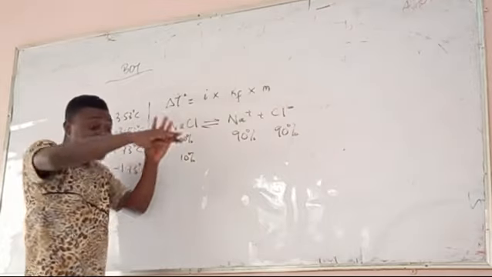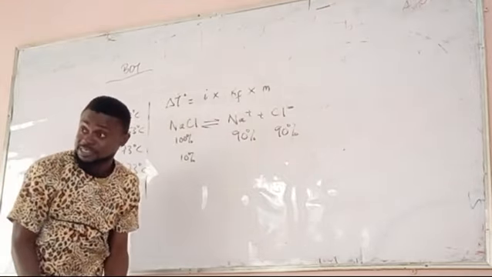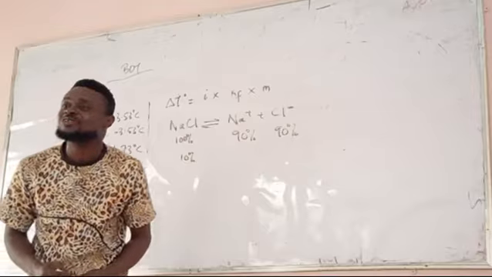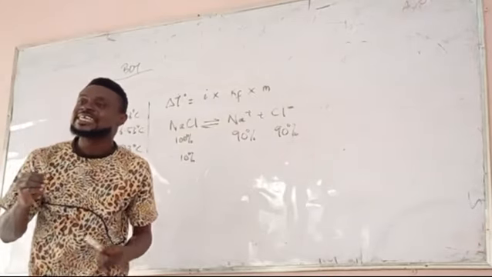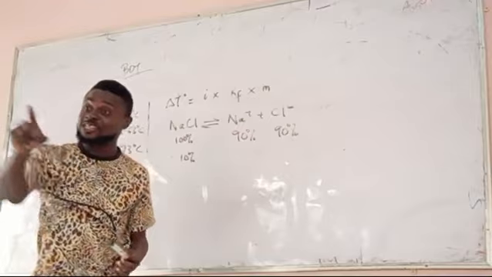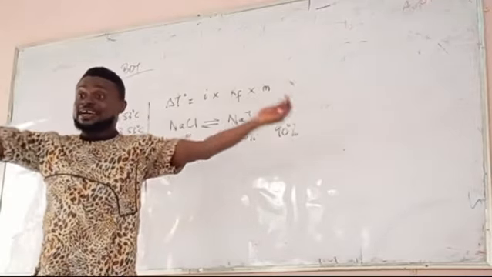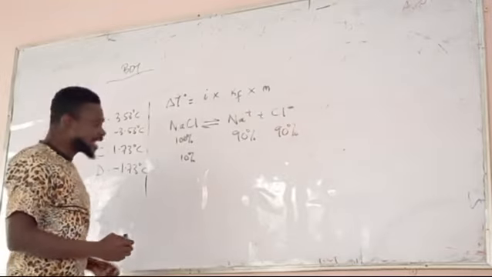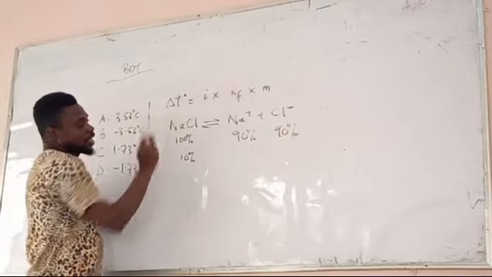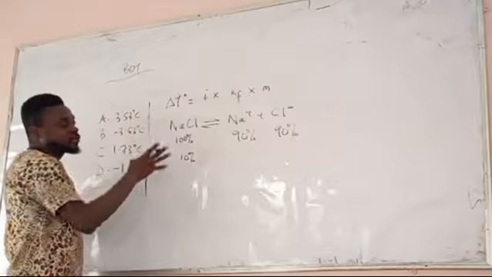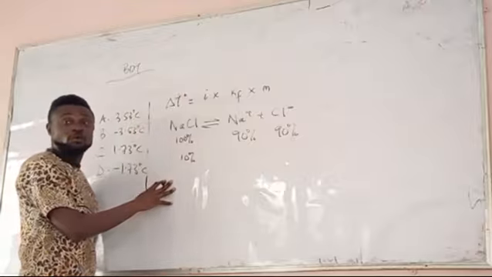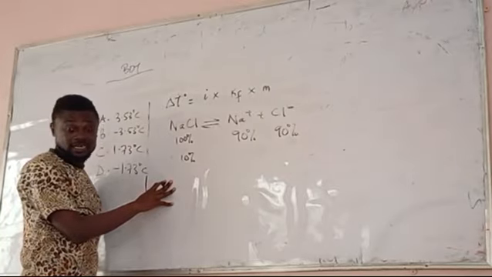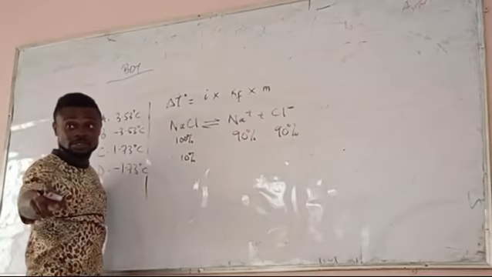Remember, all of this exists in the same solution. That means for electrolytes, the concentration increases because more particles are liberated. When we say particles, we are talking about the dissociated ones, because it moved from molecule to particles.